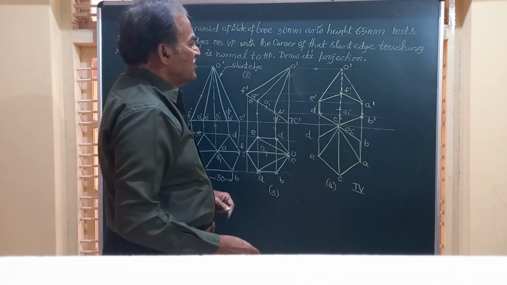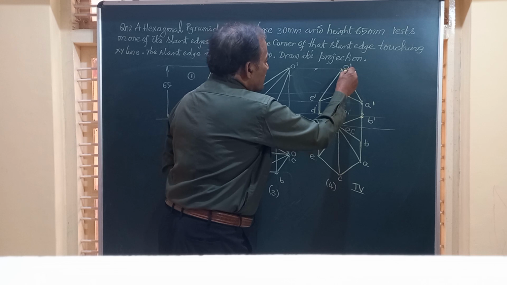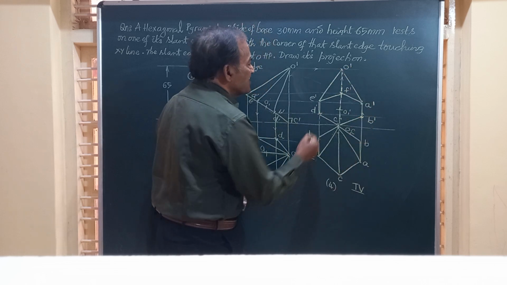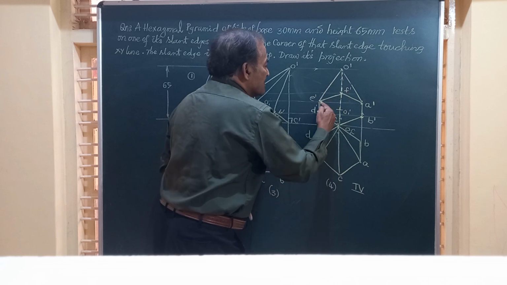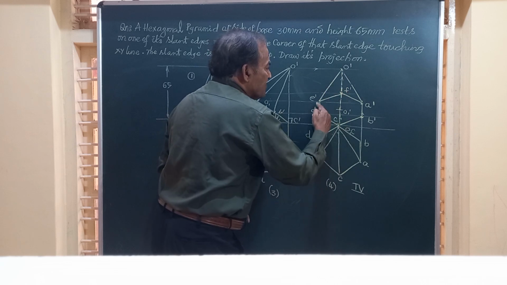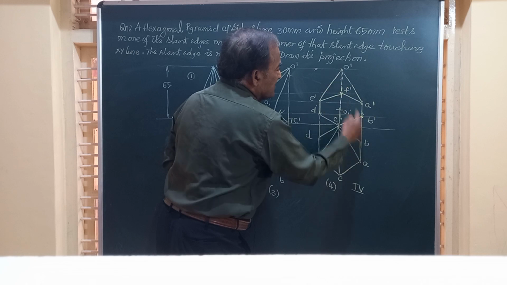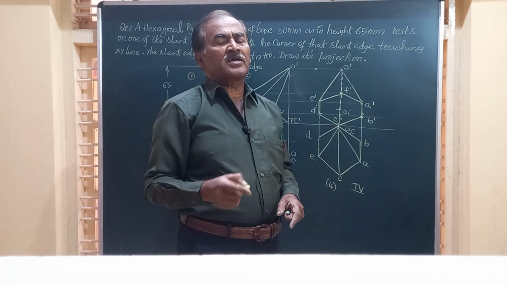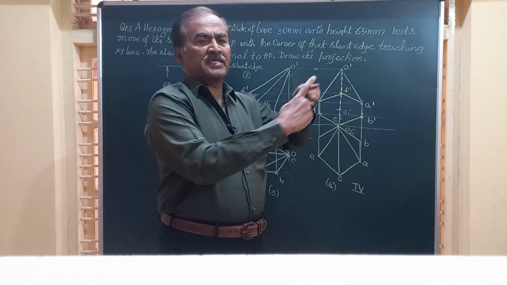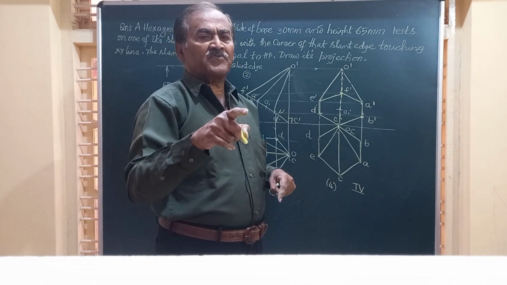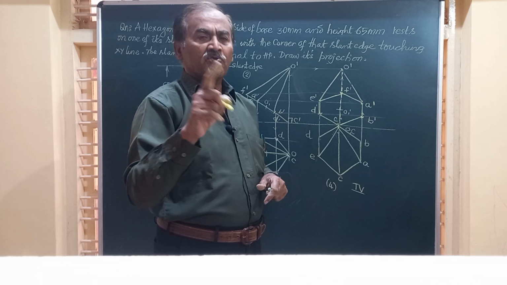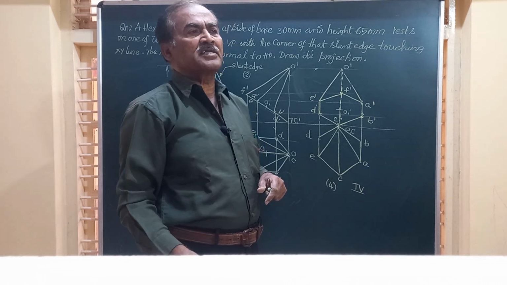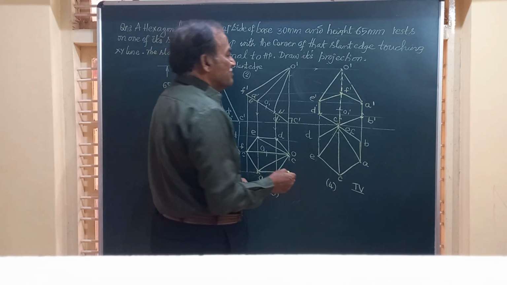And friends, when I am joining the vertex to D and vertex to B, you find that this line is intersecting the line EF, and this line is intersecting FA. So friends, you should know that whenever two lines intersect in a solid, if one of them is already a full line or a visible line, the other has to be necessarily a dotted line, an invisible line.